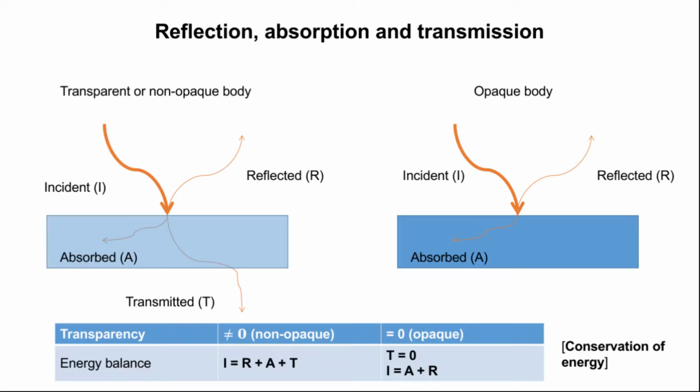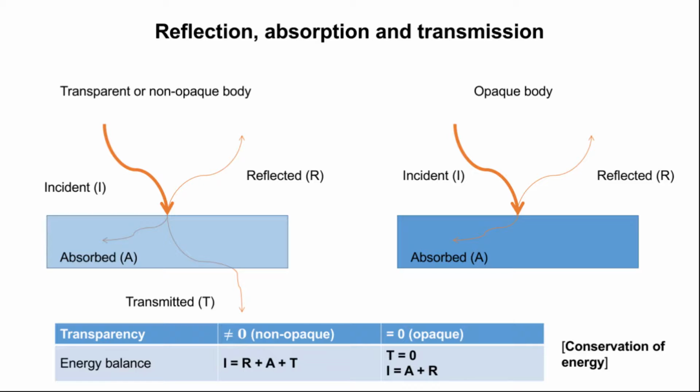Irradiated bodies can interact differently with radiation, depending on their transparency or opacity. In non-opaque bodies, which also include transparent bodies, the incident radiation can be reflected, absorbed and transmitted, and, due to the conservation of energy, the input energy carried by the incident radiation is equal to the sum of the reflected, absorbed, and transmitted energies.